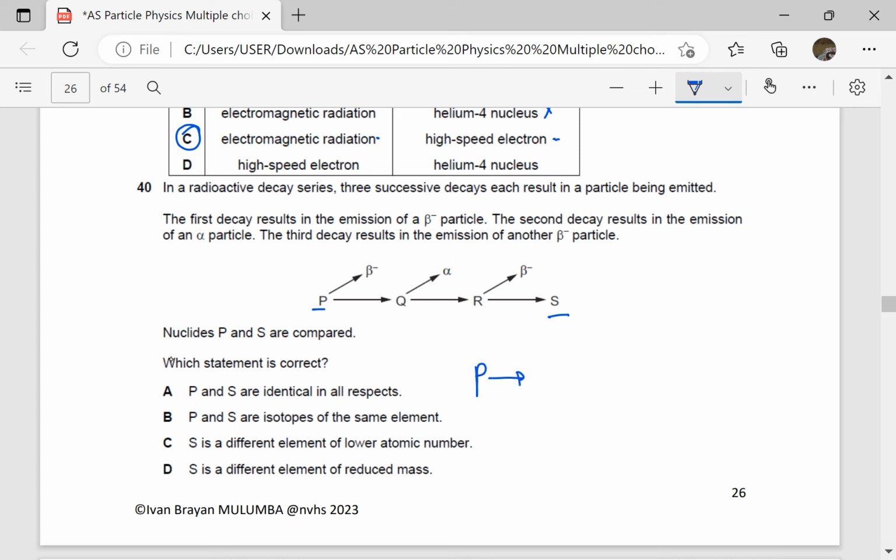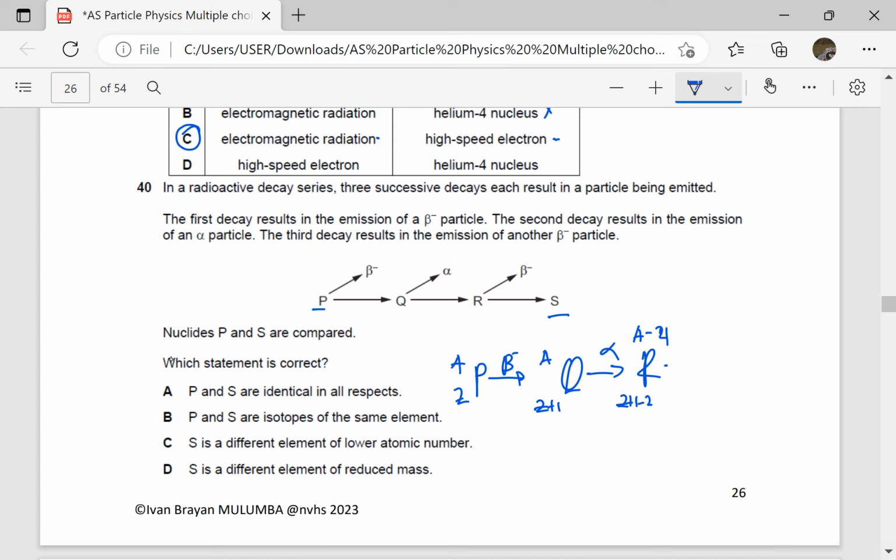P, let's say this as A over Z. If it emits beta minus, Q will have A and Z plus 1, because the proton number increases by 1. Then Q emits alpha to form R. Nucleon number is A minus 4, and proton number will be Z plus 1 minus 2.